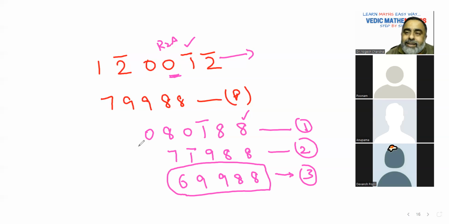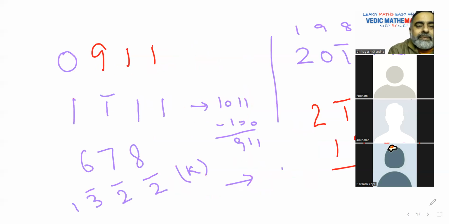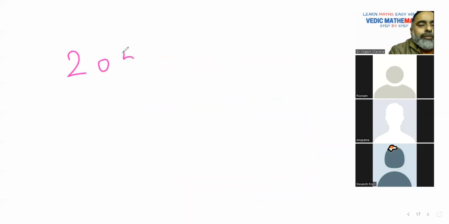See, you had the other option also. You could verify. You always verify. Take the advantage of time and use it. Two, 0, 5, 1 bar, 2 bar.